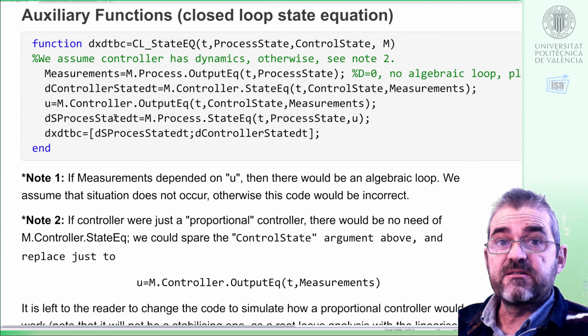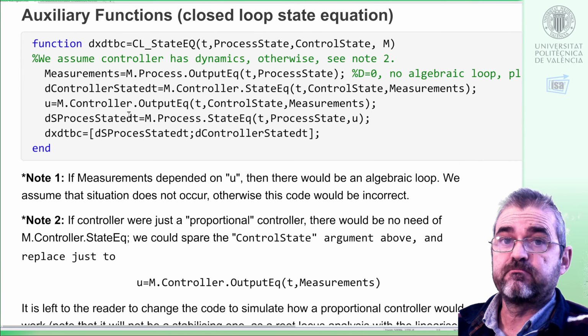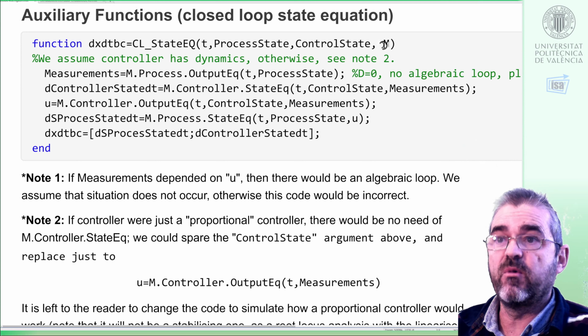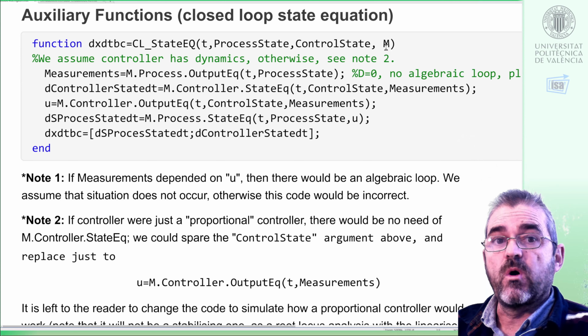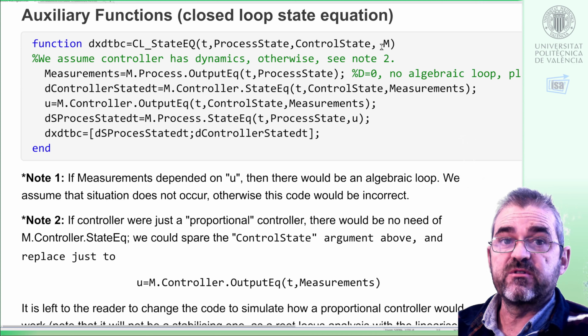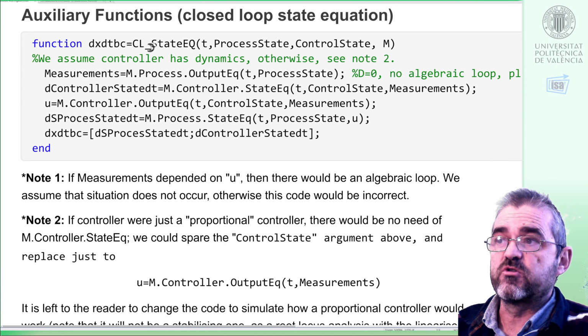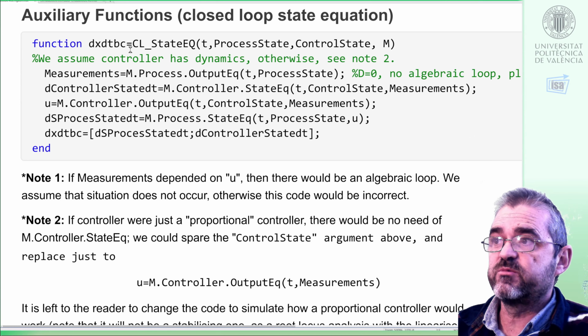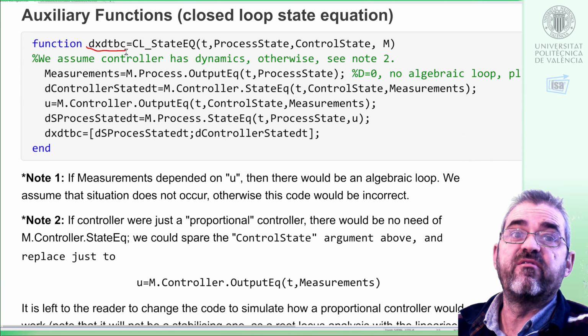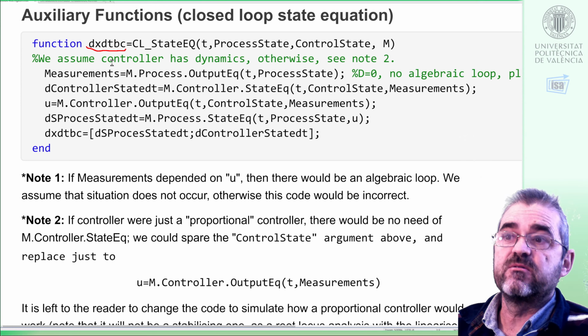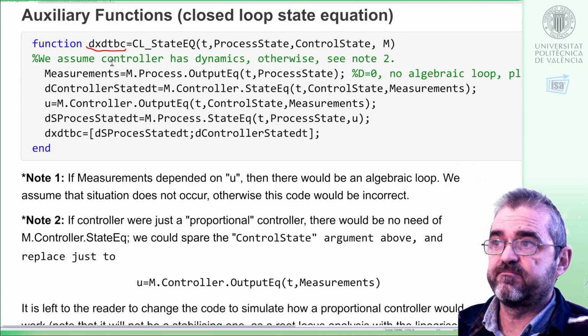Let us now analyze the core of this video, which is how to build the closed loop state equations. We have in model M the open loop state and output equations of the plant and the controller. We will define a function, closed loop state equation, whose output will be the derivative of the joined process and control state vector, just stacked vertically.